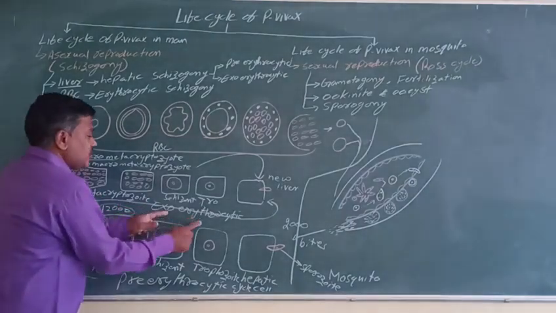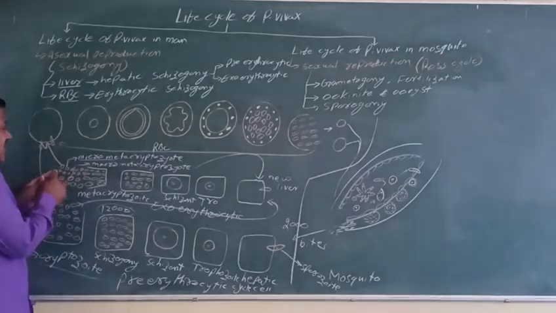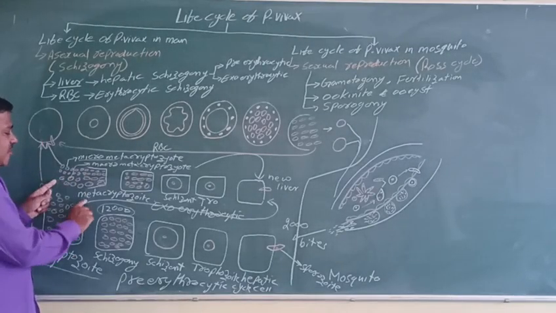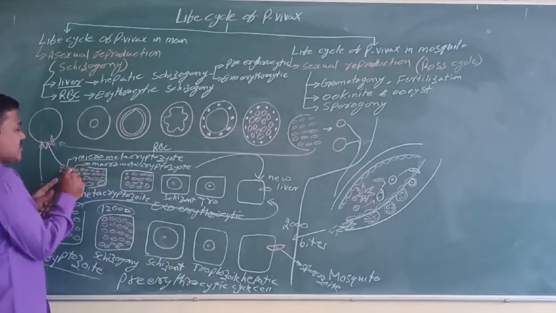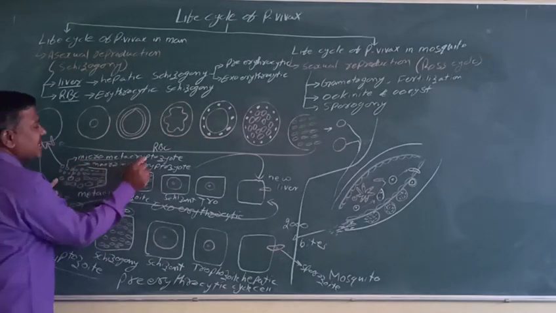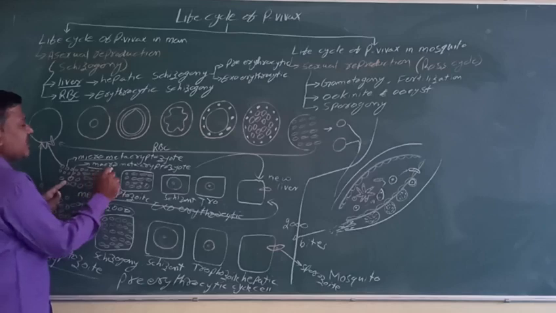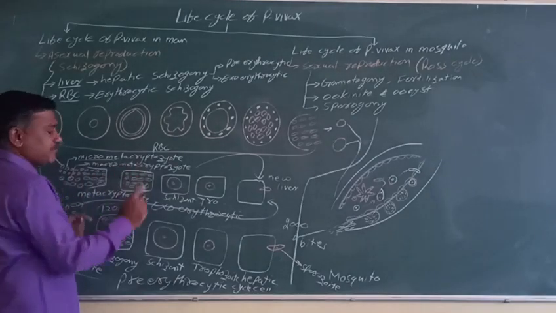In the exoerythrocytic cycle, the last stage cells formed are called metacryptozoites, divided into two: small ones called micro metacryptozoites, large ones called macro metacryptozoites.